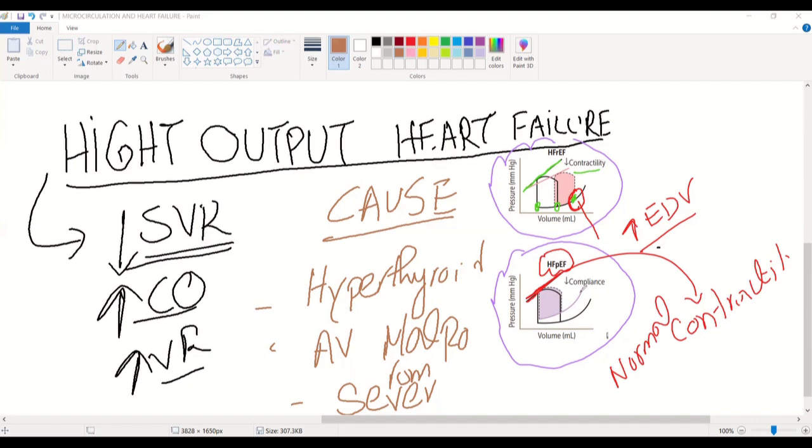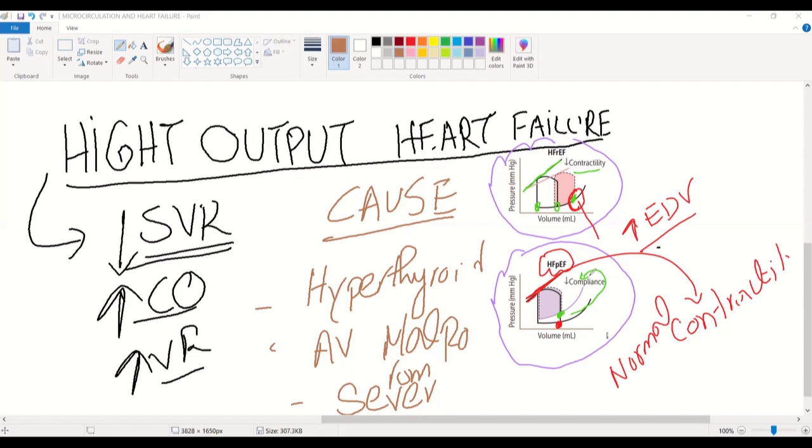Why? Because the pressure is increased. This is the normal pressure. But in heart failure with preserved ejection fraction, the end diastolic pressure is increased, and it will lead to decreased compliance, right?